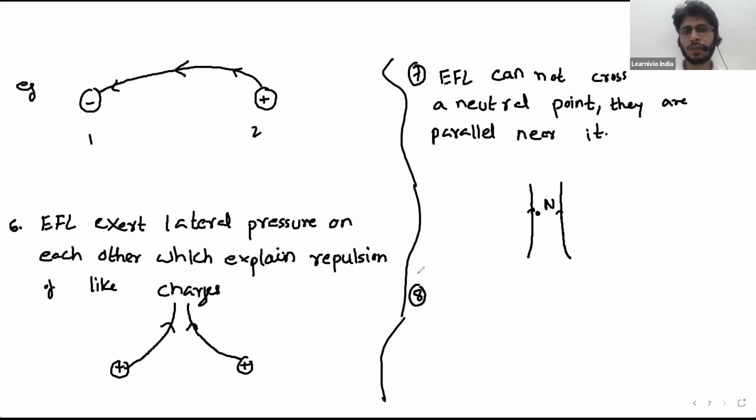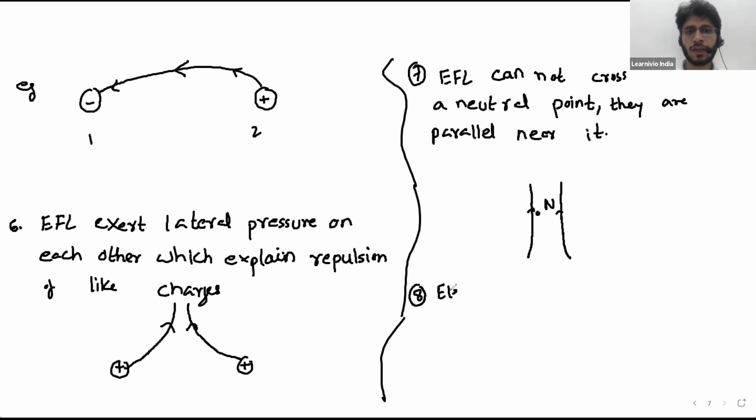The last property is regarding conductor. If you have a conductor, then inside the conductor, electric field is zero. There is no electric field inside the conductor. That means field lines cannot penetrate the surface of conductor.